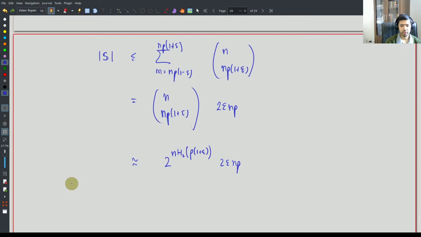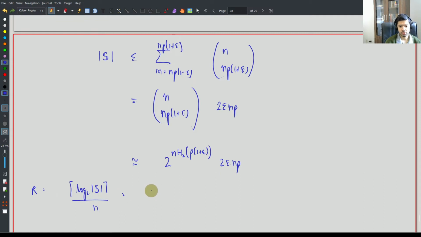So what I'm interested in is R, which is the floor of the ceil of log of the size of S divided by n.